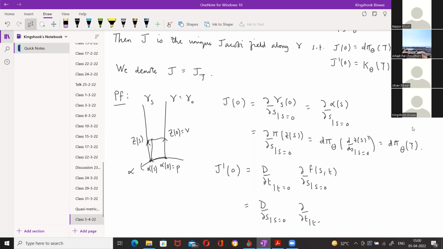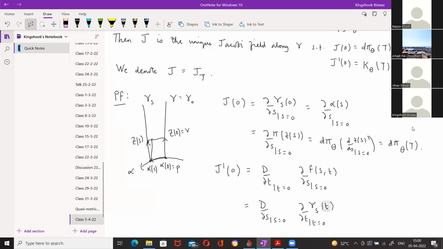at t equal to 0. So f of s,t is just gamma s of t. The derivative of this with respect to t is just this Z_s, right? At time t equal to 0, gamma s prime 0 is Z_s exactly.